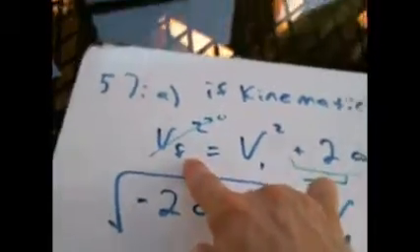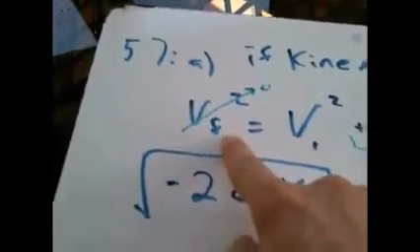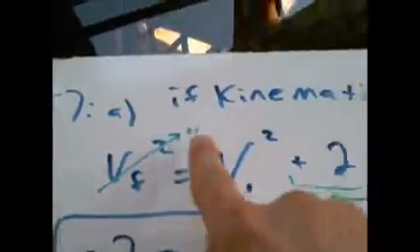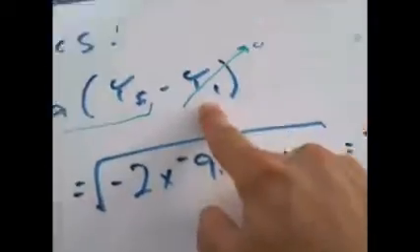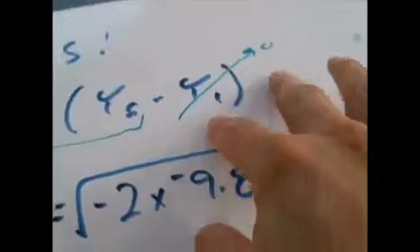The VF, the final velocity, the speed of those water droplets at the top of its trajectory, is zero, so that goes away. And the initial height of those water droplets, the YI, is also zero.